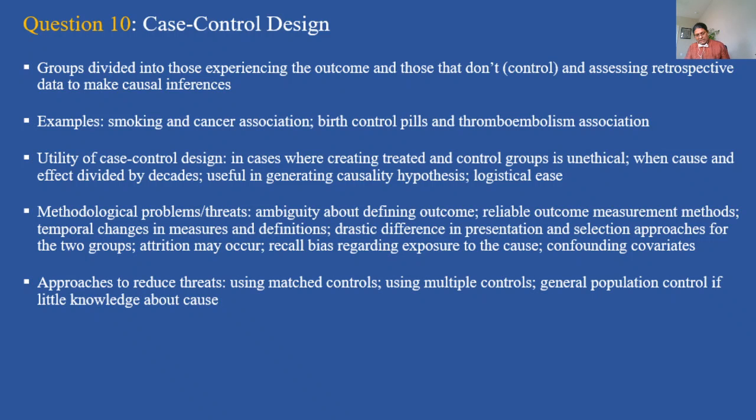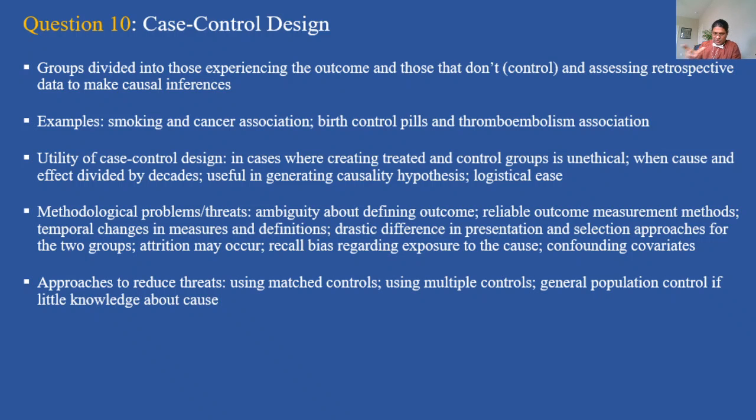So, what is the utility of this case control design? Case control design is typically used when it is unethical to divide the participants into treatment groups and control groups. Also, when there is a huge time lag between the cause and the effect, like lung cancer or even the thromboembolism effect that we talked about.